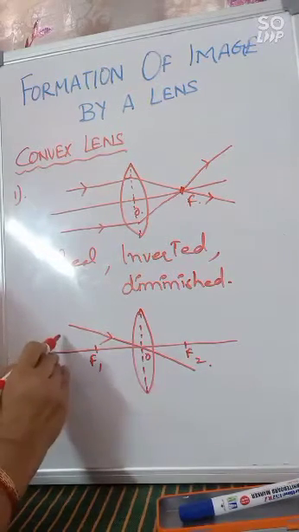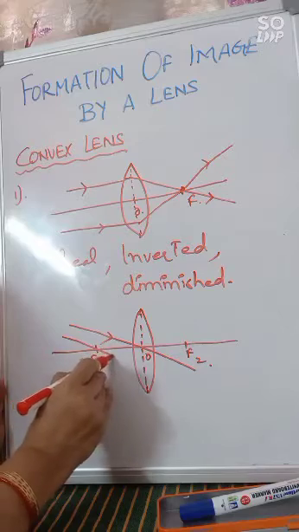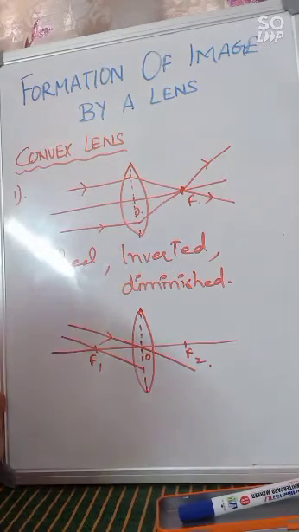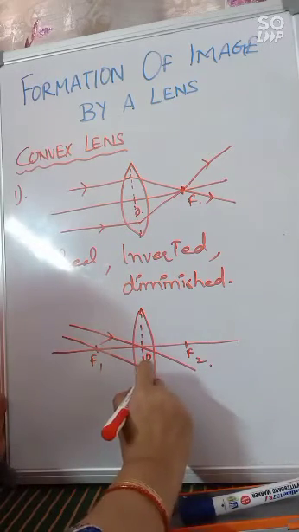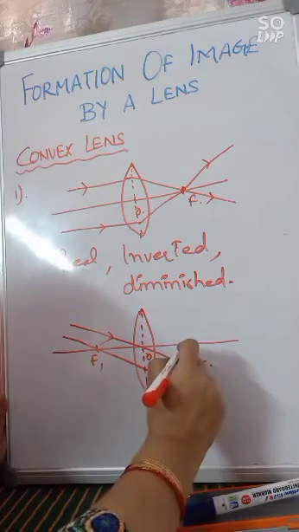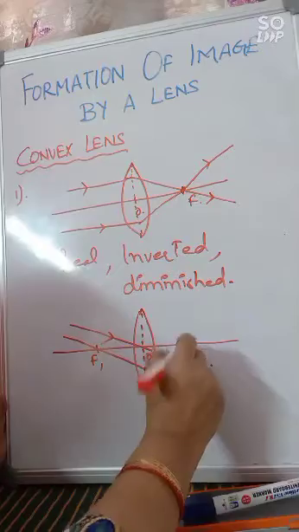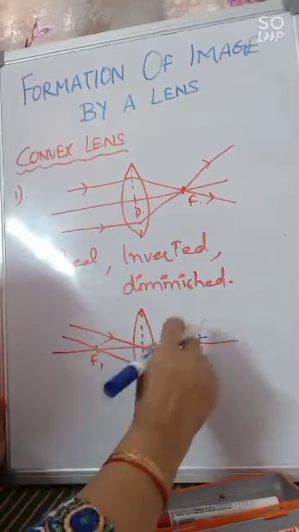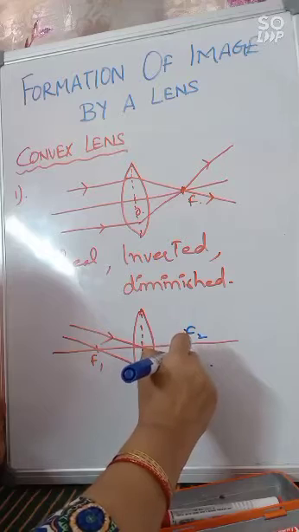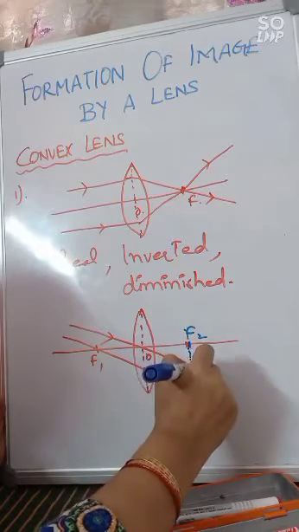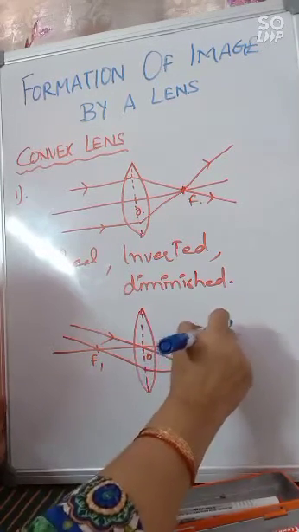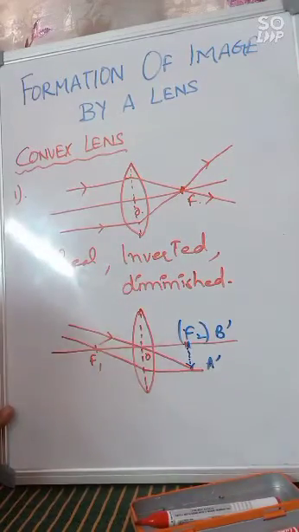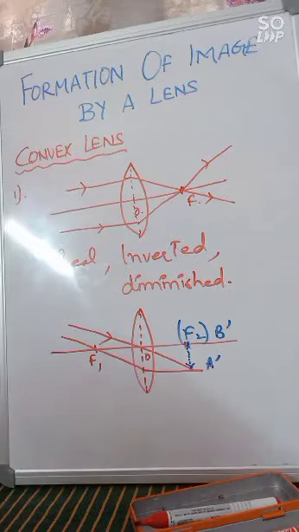You have to draw these diagrams using geometry. I know when a ray passes through the first principal focus, after refraction it will become parallel to the principal axis. So approximately here I'll be getting the image, A dash B dash, and this is F2. So what about the characteristics of the image formed here?